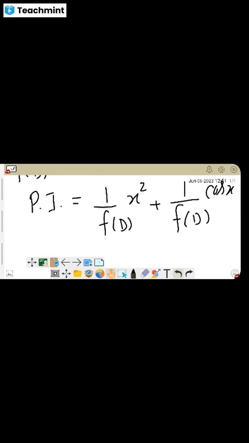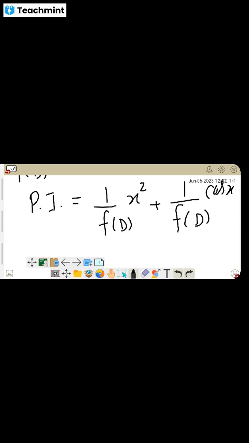Now we'll find this separately, and this also we'll do by using pi for polynomial.